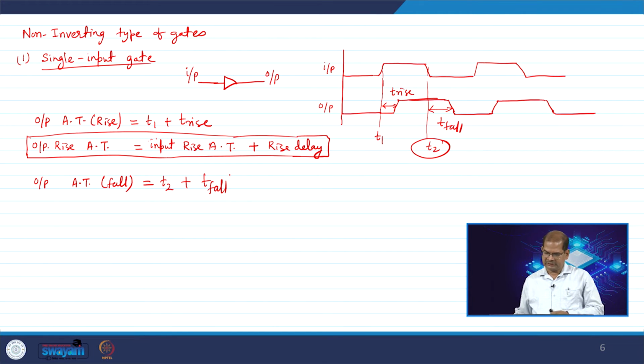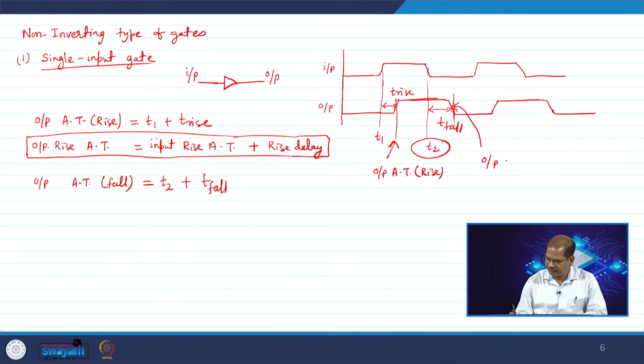So, this is my output arrival time rise, and this is my output arrival time fall, correct.